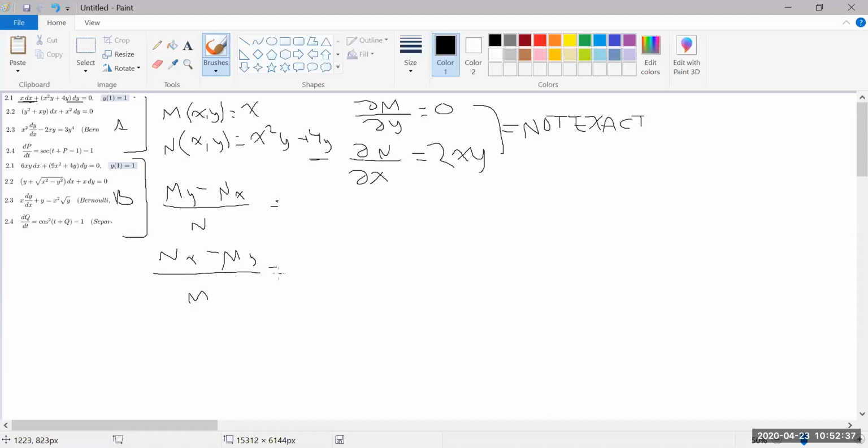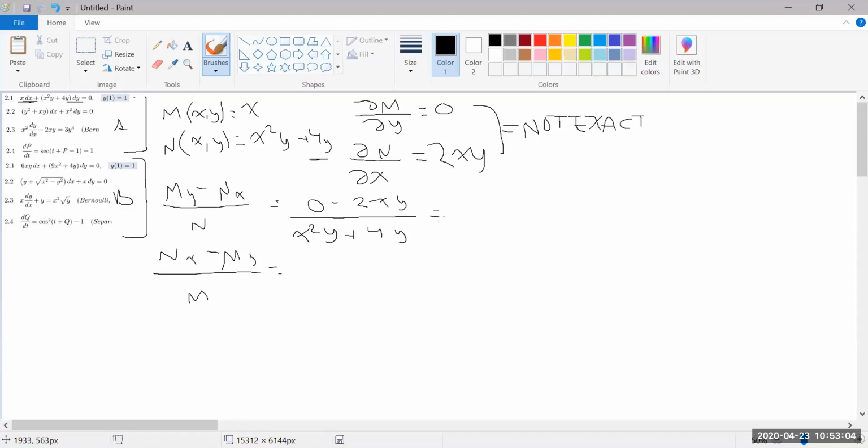Okay, so when you do the first one, you should get 0 minus 2xy, and then over your x squared y plus 4y.